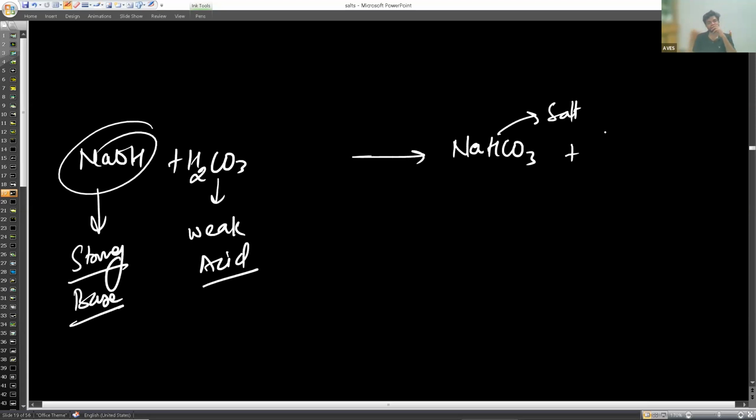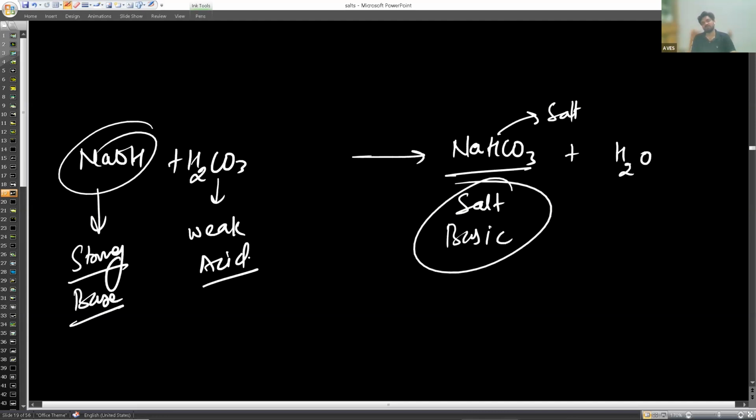Salt and water. Yes, it will be salt and water. But it is a basic salt. Why? Because it is from a strong base and a weak acid.